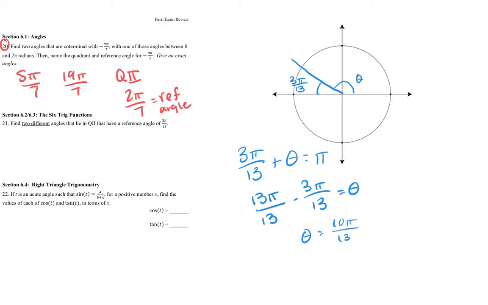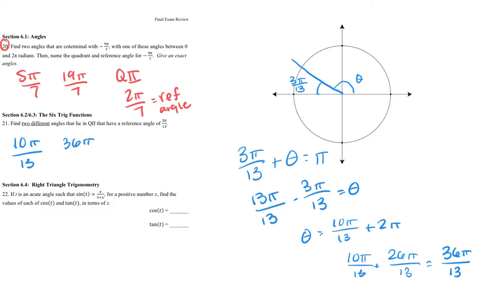That's our first angle that has that reference angle. And then we can just add 2 pi to this. If we add 2 pi to this, we get 10 pi over 13 plus 26 pi over 13, which is equal to 36 pi over 13, which would be the second angle.